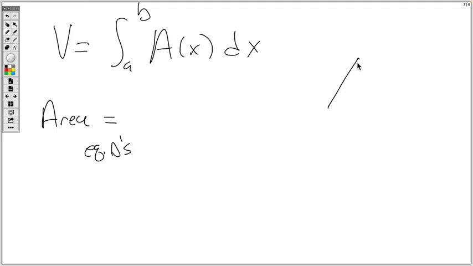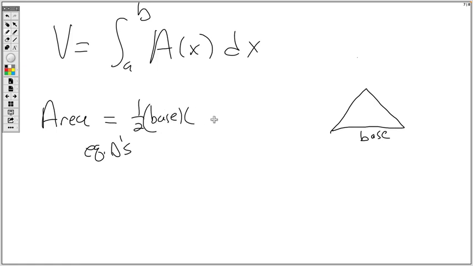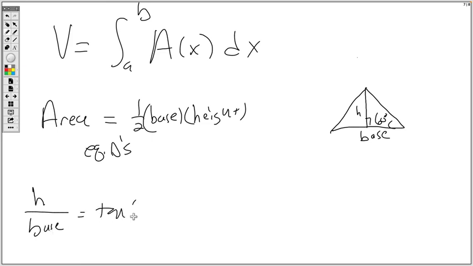So I have to think back to geometry here. Here's the base of that equilateral triangle. To get the area of the triangle, I need 1/2 the base times the what? Height. Okay, so how do I get the height in there? If it's equilateral, then what are all these angles? They're all 60 degrees. So h over the base would be the tangent of 60 degrees.